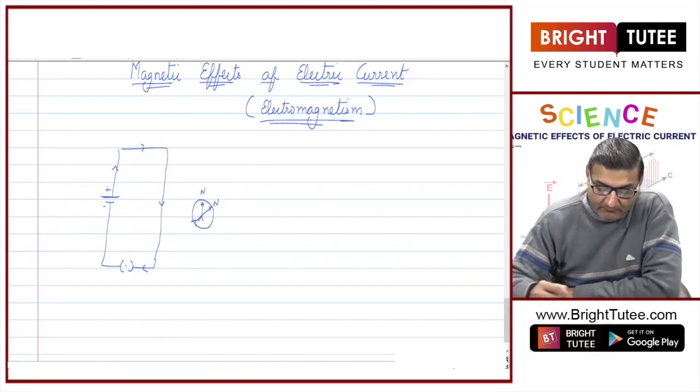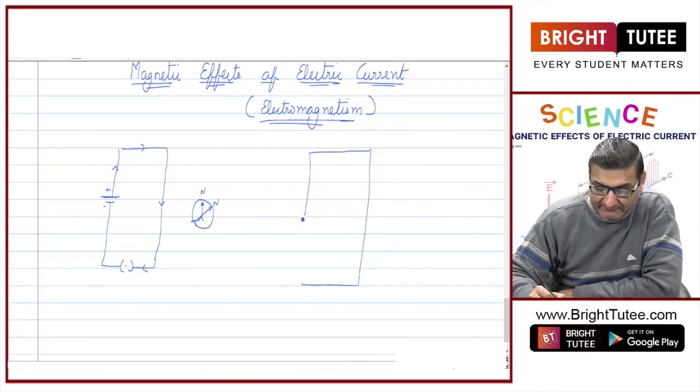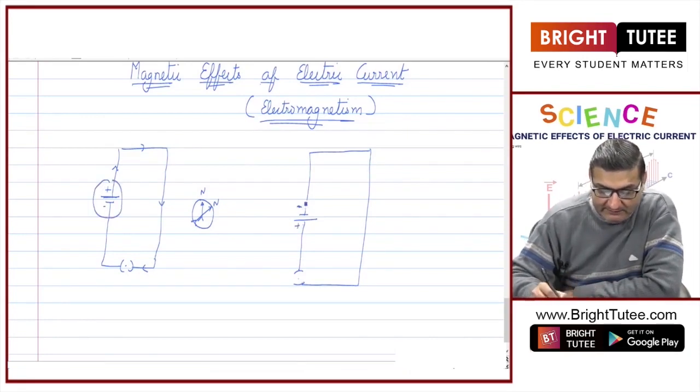What we do is we will take the same wire, but now we will reverse the direction of current. Now this is the positive terminal, this is the negative terminal. See, this is the difference that we have made.